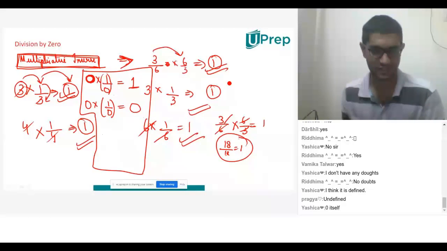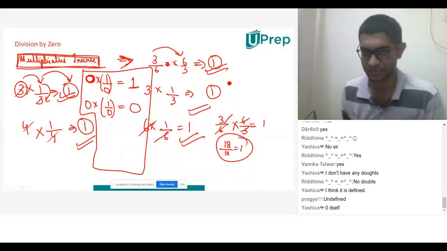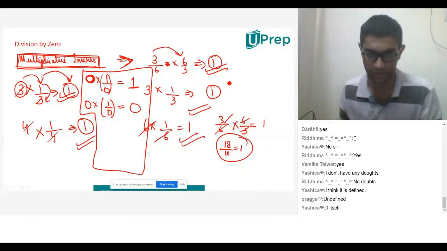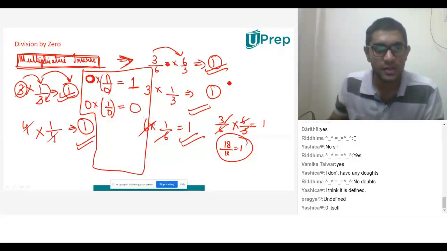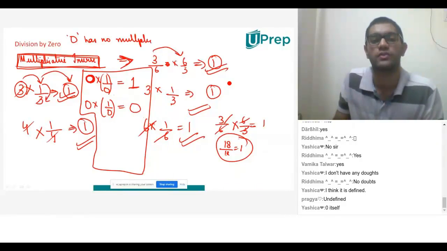Correct? 0. Yeah. But it is not making sense. You have a question mark in your head over here. This basically means that the number 0 has no multiplicative inverse.